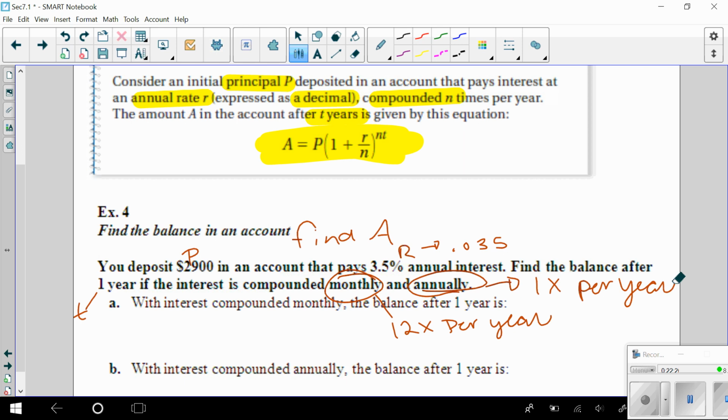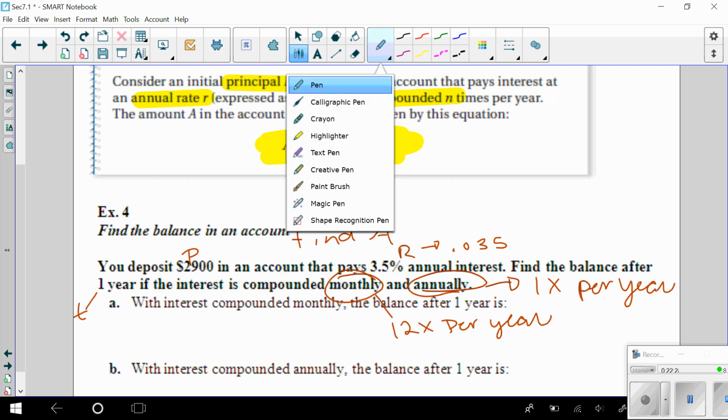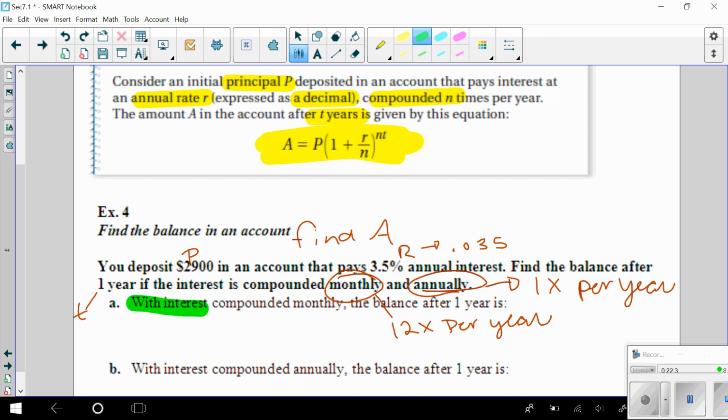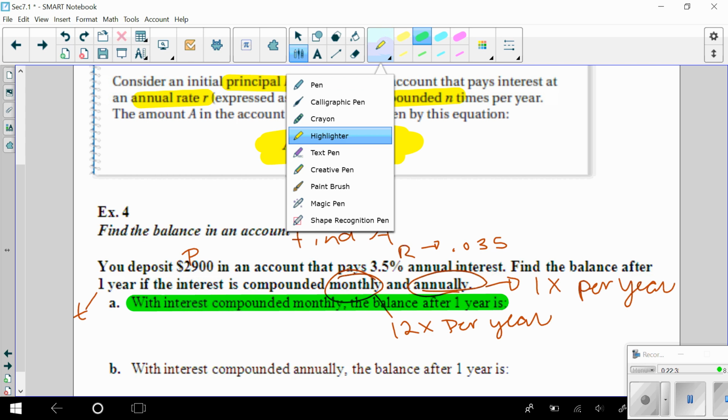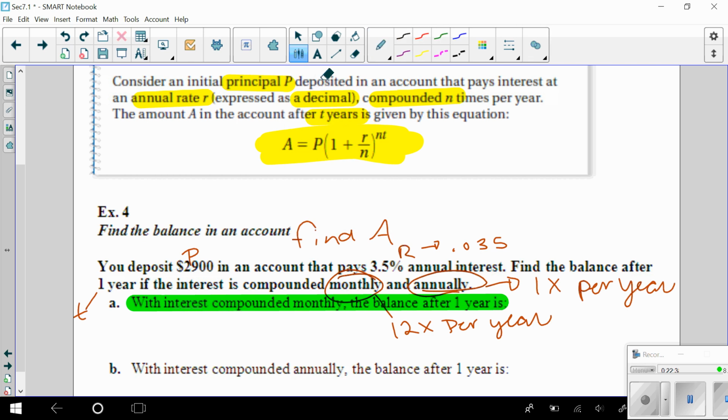So with interest compounded monthly, we'll do this one first. What's the balance after 1 year? So in our formula, our balance, A, is going to be the principal, which is 2,900, times 1 plus our rate, which is as a decimal, 0.035, and compounded monthly, that means 12 times per year.